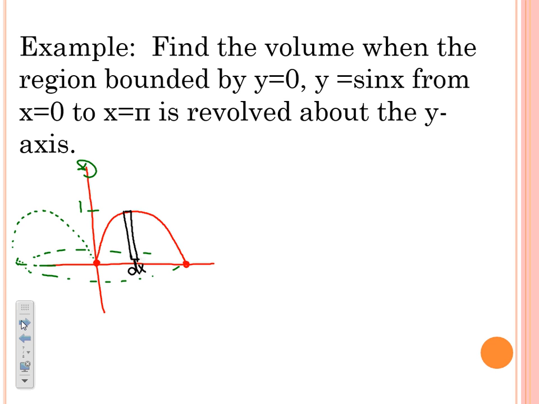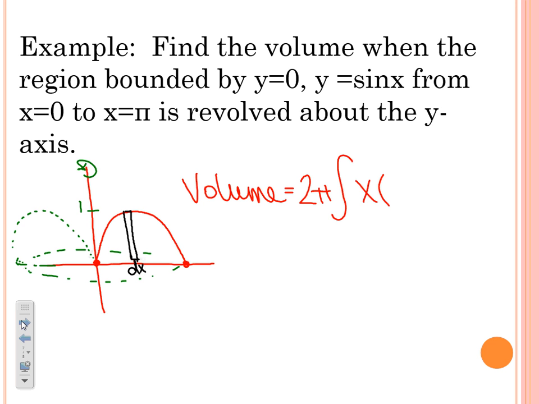So our volume is 2 pi r h. Our radius, how far are each of these rectangles from the y-axis? These are all x away from the y-axis. What is the height of every rectangle? 1. Oh shoot, no, it's sine of x.